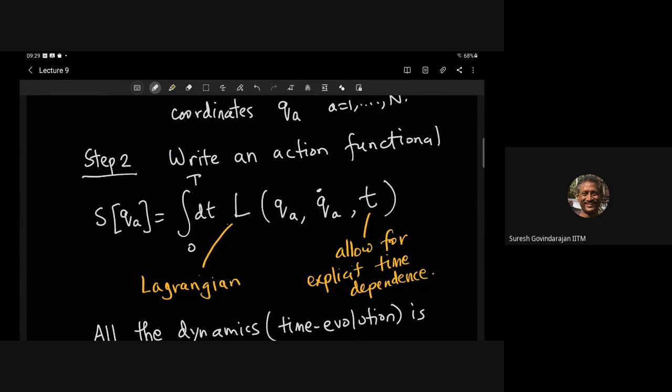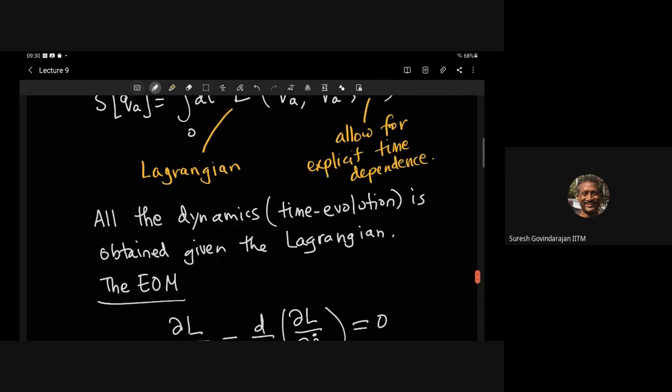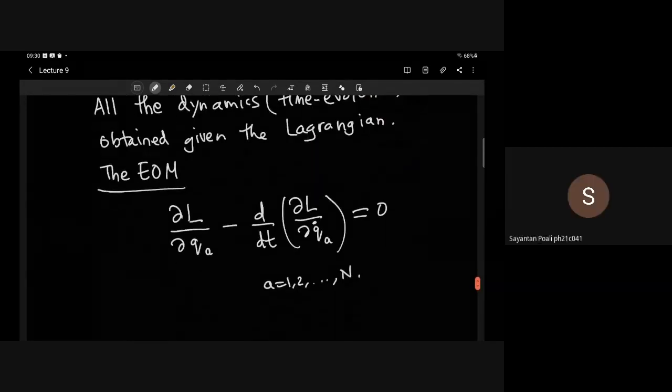It will put restrictions on the Lagrangian. So, for instance, if you say that your space is isotropic, that means there is no preferred direction, then it will tell you that this thing has to be a scalar function under rotations and things like that. Okay, so we will see that.